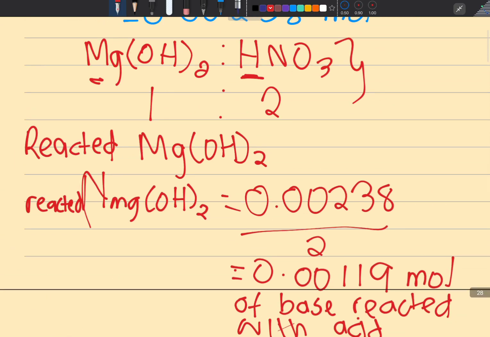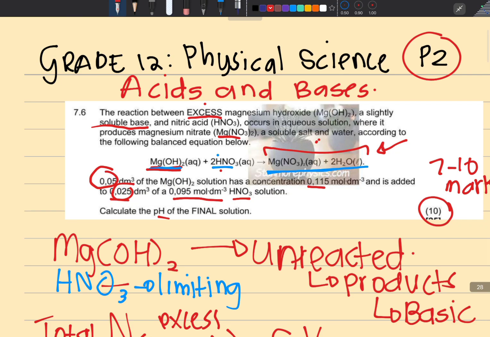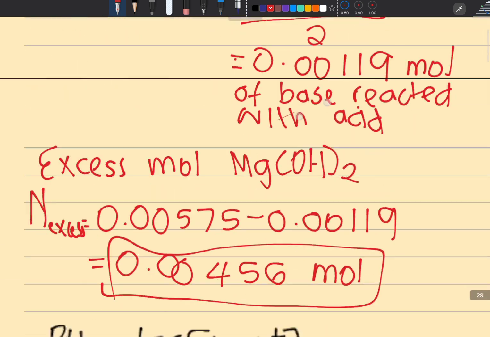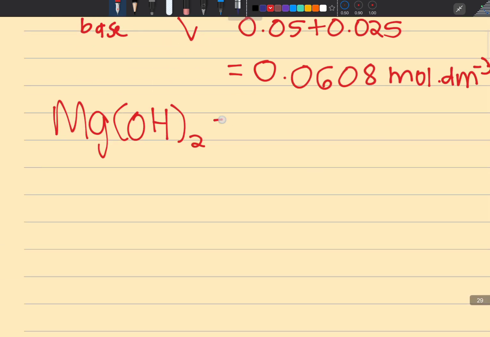Remember now, if I go back to the reaction, the products are in aqueous solution. I have water. I also have the salt dissolved in water. I also have the Mg(OH)2 that was in excess dissolved in the very same amount of water. Then I have to say this is going to dissociate in that water.